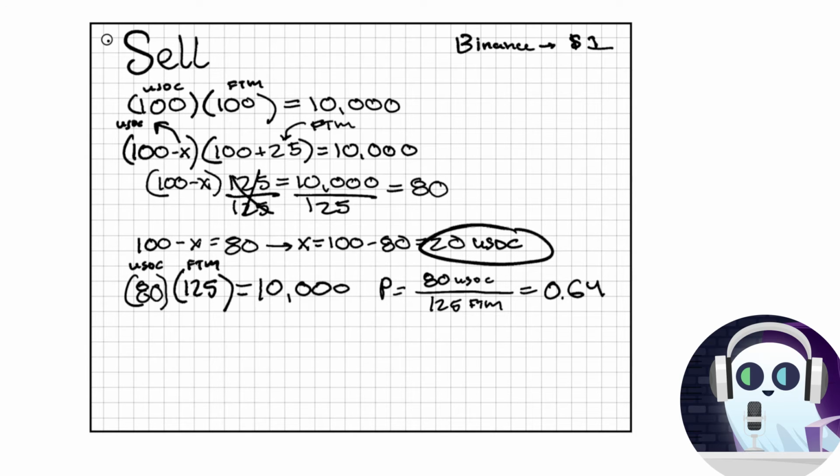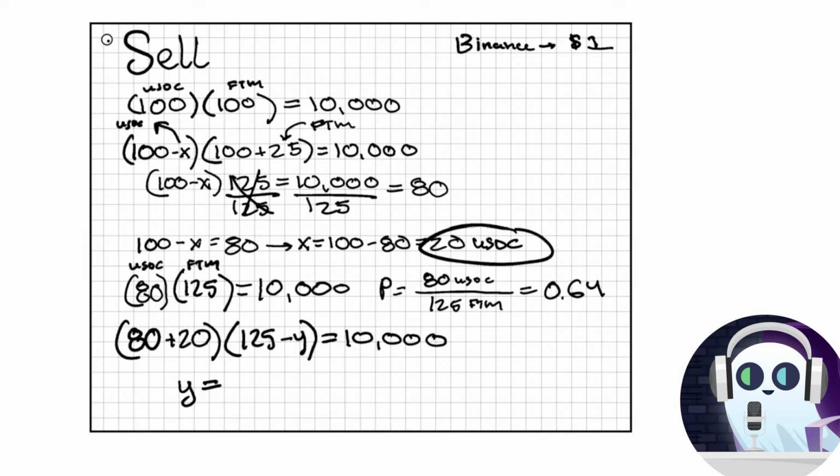So an arbitrager will come along and be like, okay, I can put in 20 USDC, so 80 plus 20. And they want to know how much FTM they can get out so they can sell it on Binance. I'm just going to do the math on this real quick. So Y is equal to 25 FTM.